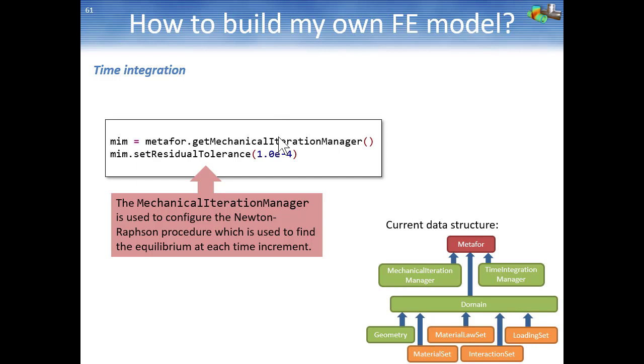So you will have a lot of small time steps, because when you make a lot of iterations, Metafor thinks it's very difficult, there are some problems, so the time step will decrease. And if you increase this number, Metafor will make big time steps, but for each time step, the equilibrium will not be perfect.